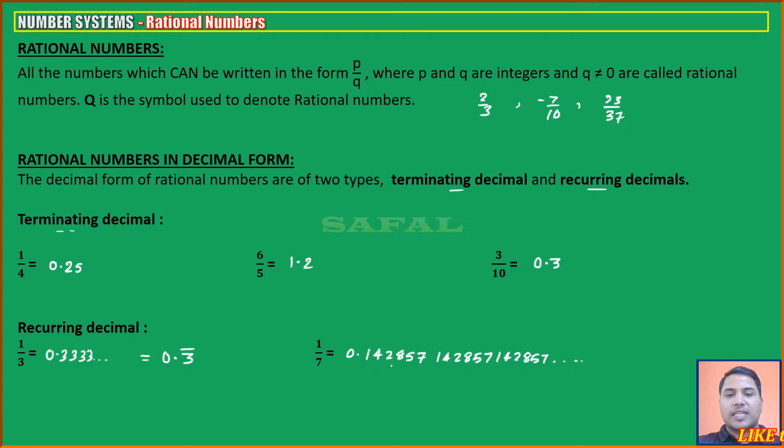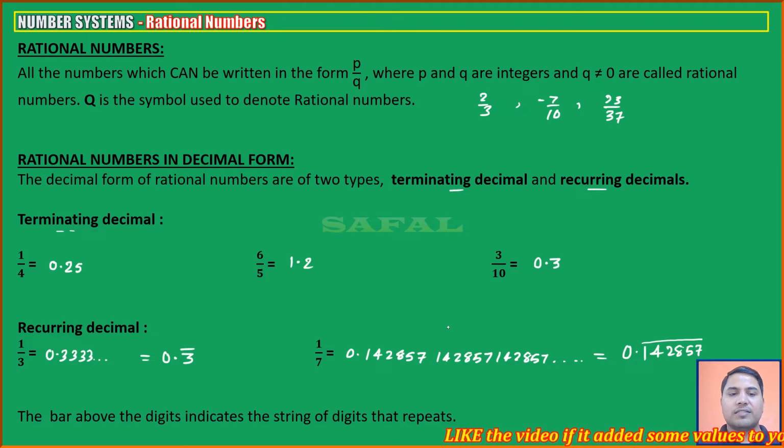Similarly, here 142857 is continuously repeating, so I can write 0.142857 and give a bar above it. What does this bar indicate? The bar indicates the string of digits that continuously repeats.